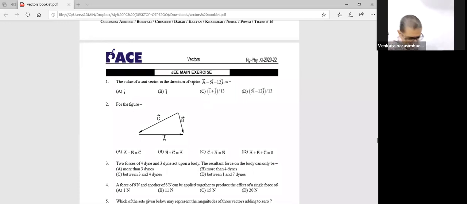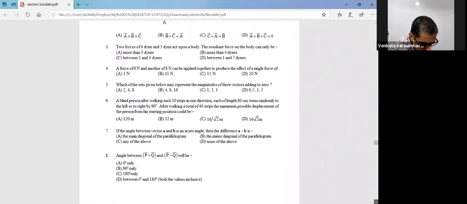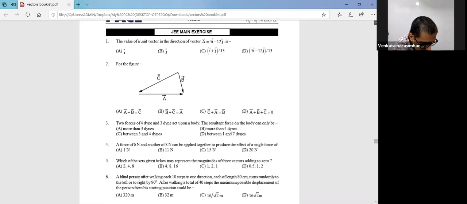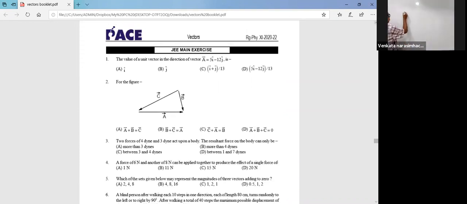There is a JEE Main exercise. Which page number is this? This is page number 17. Are you able to see page 17? Yes. JEE Mains homework, page 17 of the booklet.